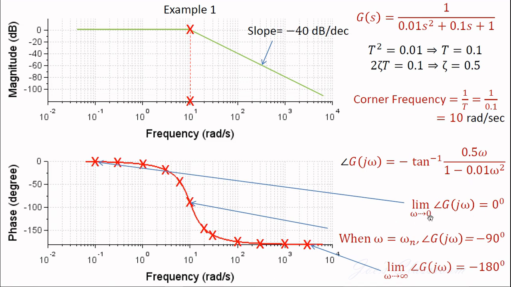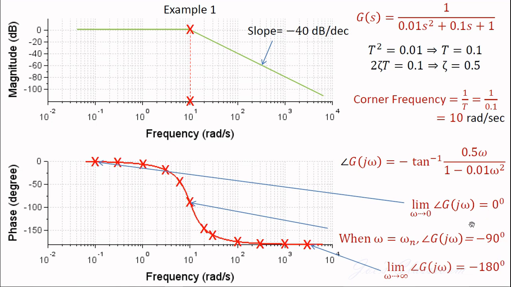When omega tends to 0, that is for smaller values of omega, of course, this is going to be 0. The numerator is 0 and the denominator is also 0. 0 by 1 is equal to 0 and tan inverse of 0 is equal to 0.